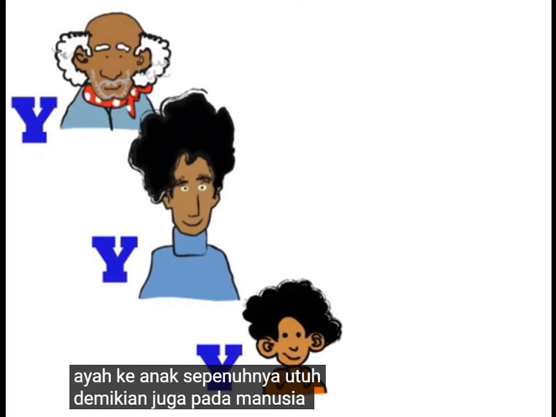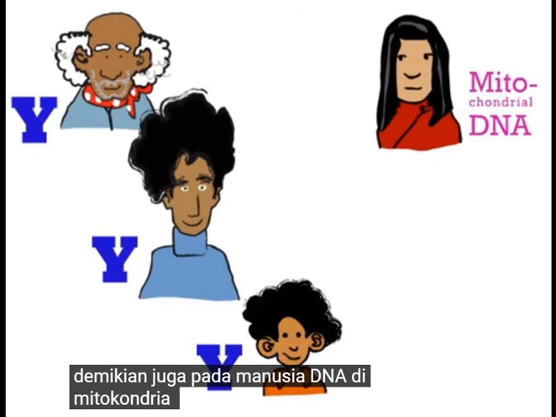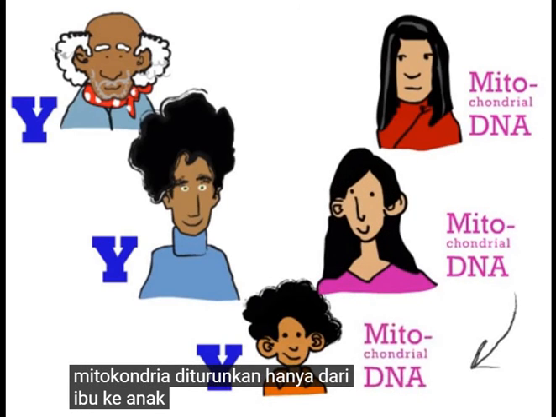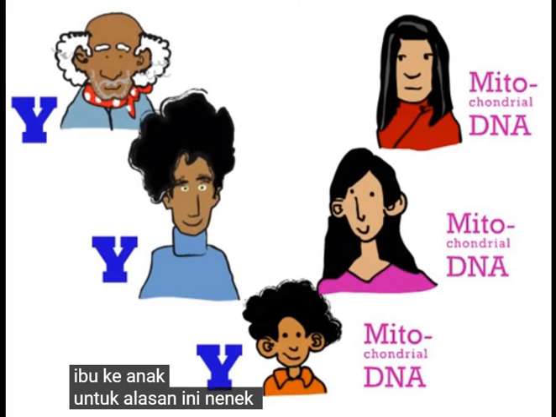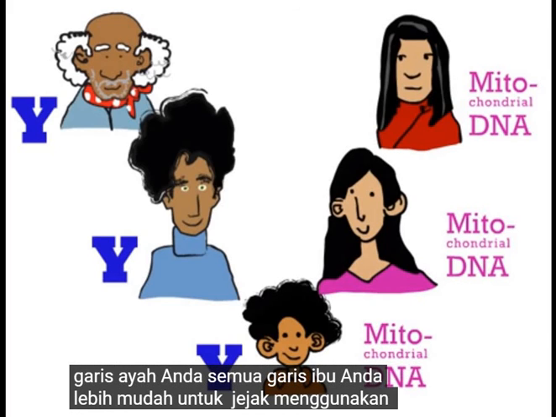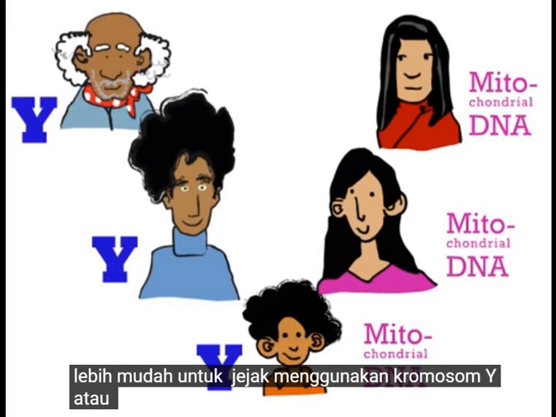Likewise, in humans, DNA in the mitochondria is passed down only from mother to child. For this reason, ancestry along your father's line or your mother's line is easier to trace using the Y chromosome or mitochondrial DNA.